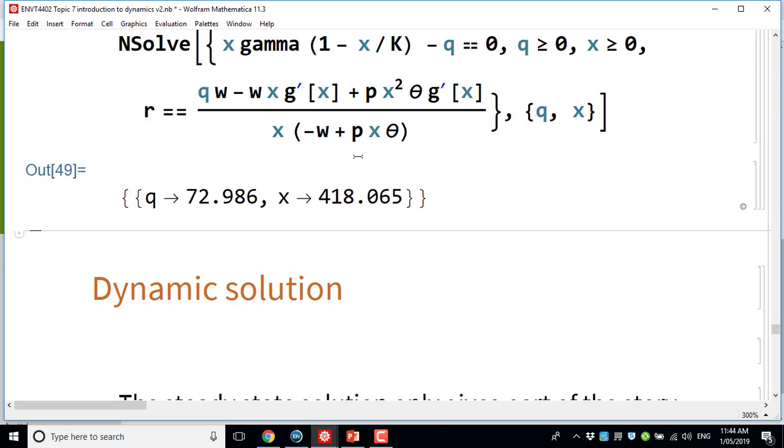And you get the optimal captured fish, which is 72.986, and you get the optimal stock of fish. And this solution is for a steady state. So that's convenient because we can forget about all the time subscripts. We're just getting one answer to the fishery. Okay.